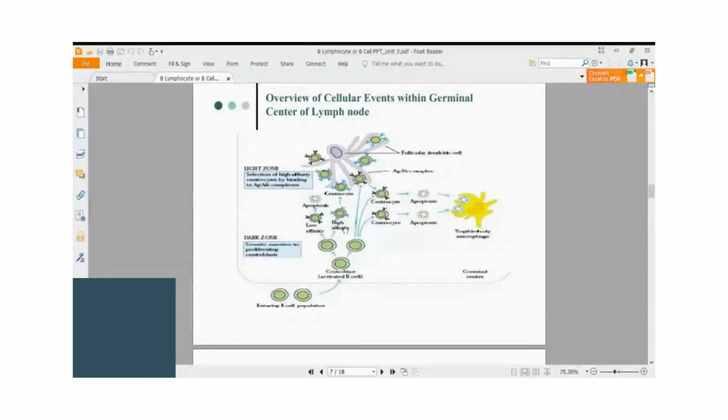Only those B lymphocytes are going to be selected for the foreign antigen. If the high affinity receptor is there for the self antigen, those B lymphocytes are going to be eliminated by the negative selection process. Okay, and the positive selection is the process for selection of B lymphocytes for non-self antigen, and they will develop high affinity receptors only after several cycles of cell proliferation.